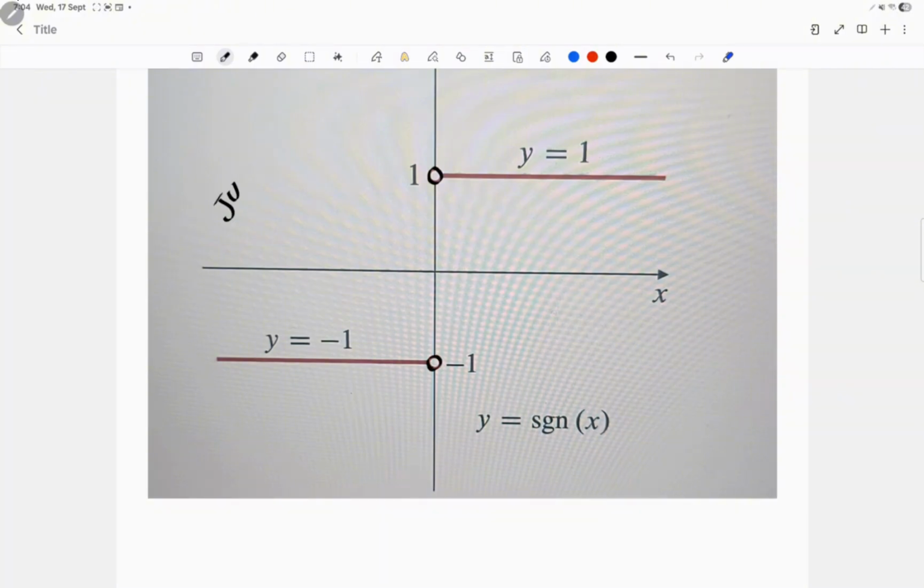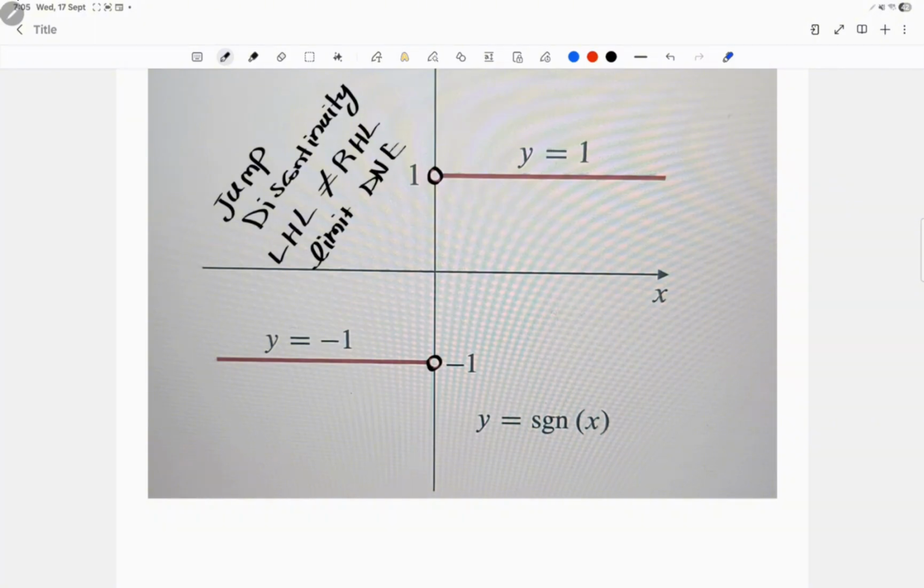That's called a jump. And that's when the left hand limit is not equal to the right hand limit, and that's when the limit does not exist. So if there's a jump, if there's a cut in the graph, the limit does not exist.